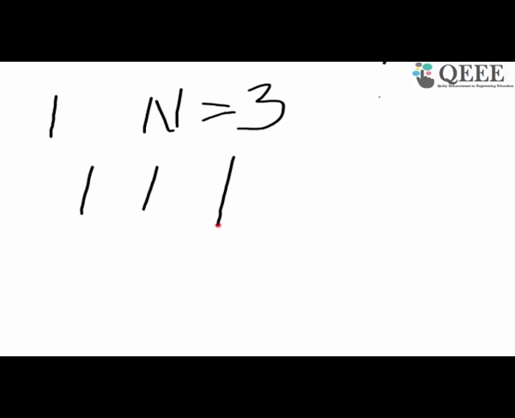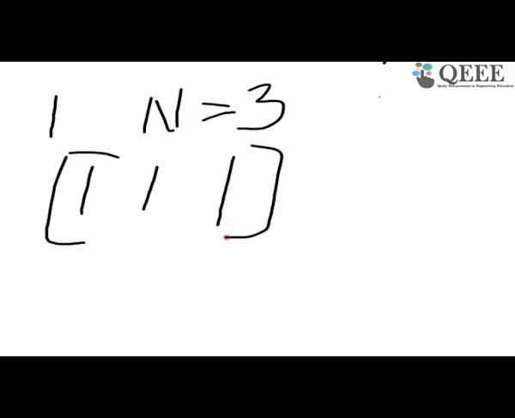So suppose capital N is equal to 3. Then I will transmit a 1 three times. So this is what I will transmit.